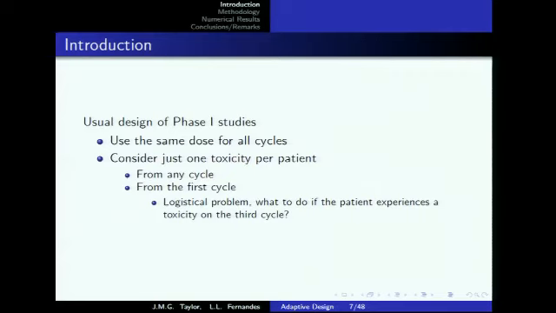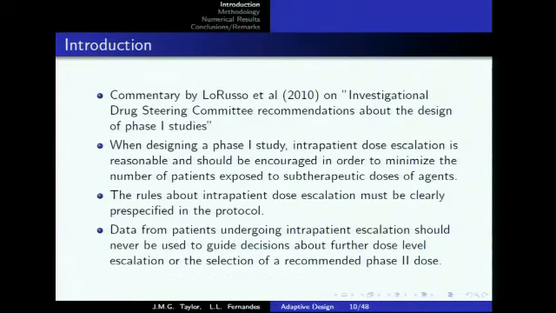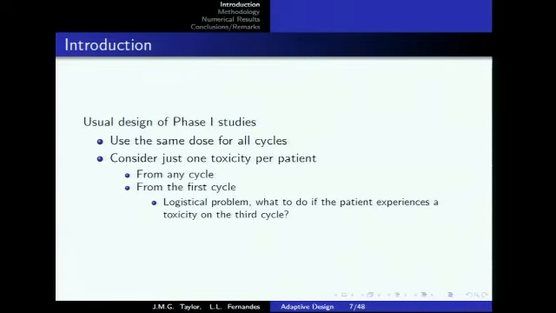But the usual practice in phase 1 trials is not to change the dose across all these cycles, to keep the same dose for every cycle, and to just consider a binary endpoint. Sometimes that binary endpoint will be, let's say we have 6 cycles, if you see any toxicity in the 6 cycles, we'll call it a toxicity.